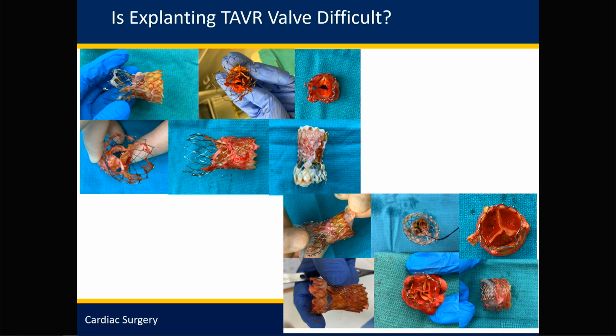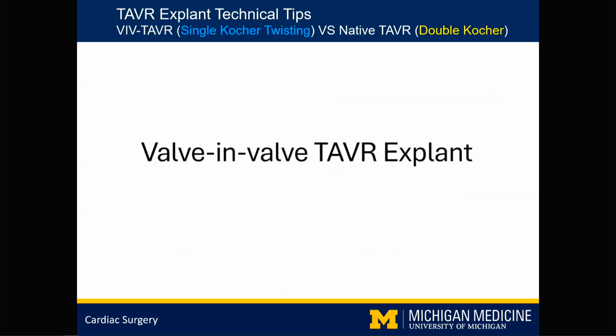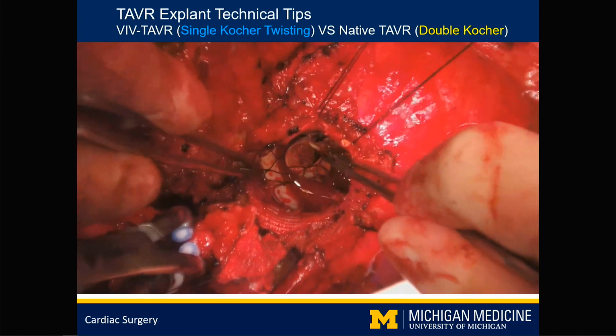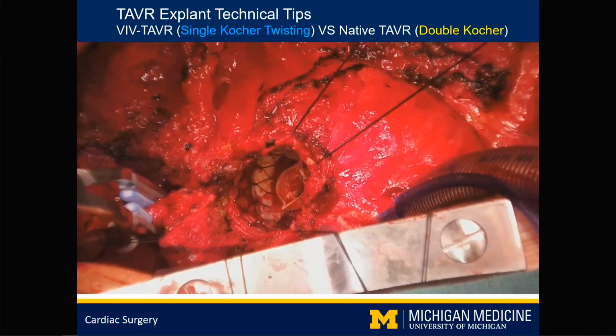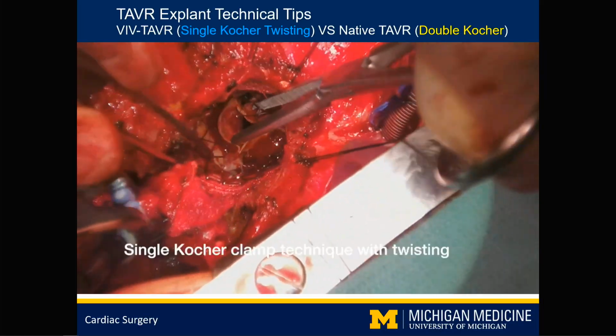Is it difficult to explant? I think the very important distinction is between valve-in-valve TAVR explant versus native TAVR explant. If that's a valve-in-valve TAVR explant, it's actually unbelievably easy.